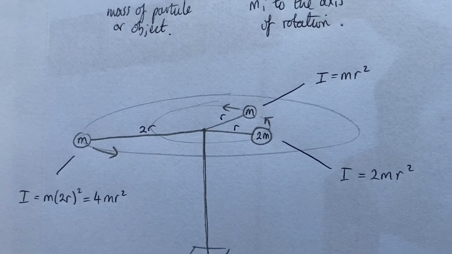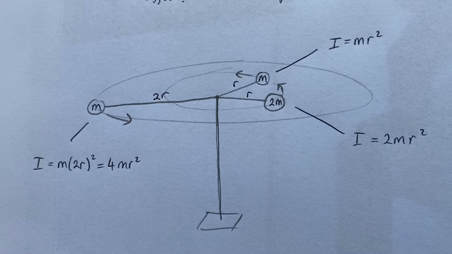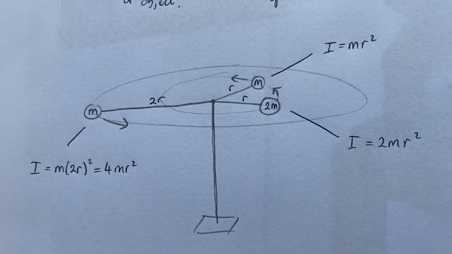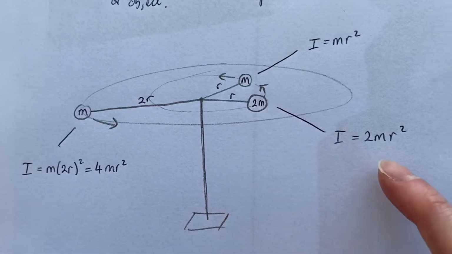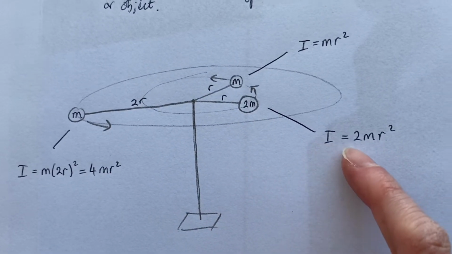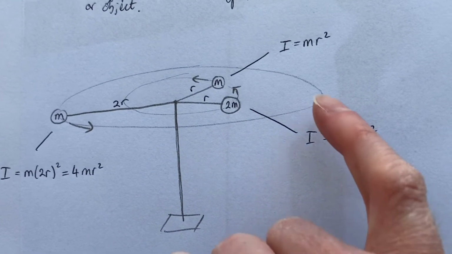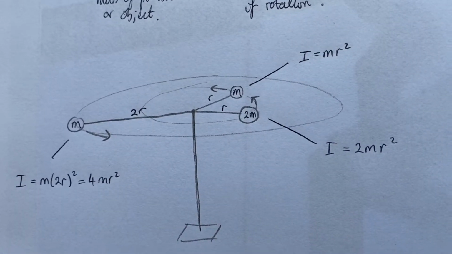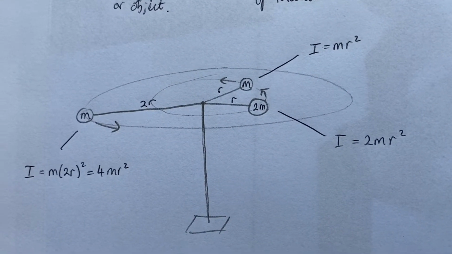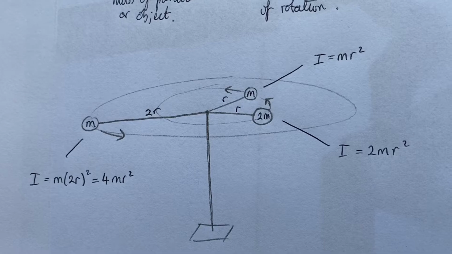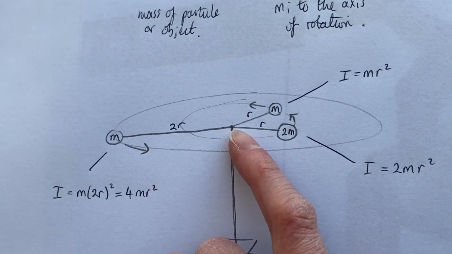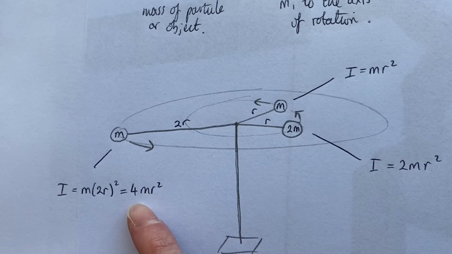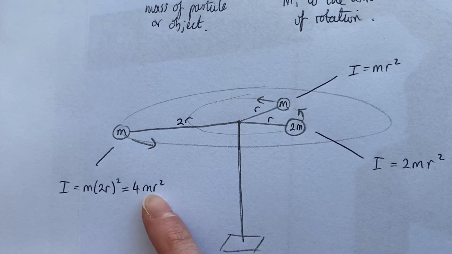So what happens when we double the mass? Well, if we double the mass at the same radius of rotation, we get double the moment of inertia, right? So 2mr squared as opposed to just mr squared. But what happens if we have the same mass but at twice the distance? Well, we actually get 4 times the moment of inertia.